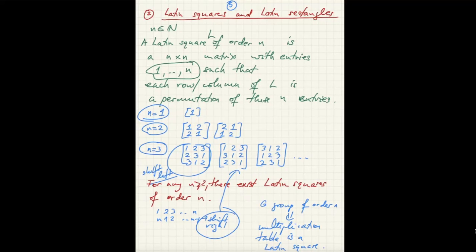Now, what other ways are there to construct a Latin square? It turns out there are many. If you want to do it with bare hands, let's say we're trying to build one of order n equals 5. We can start with our favorite permutation, 1, 2, 3, 4, 5.